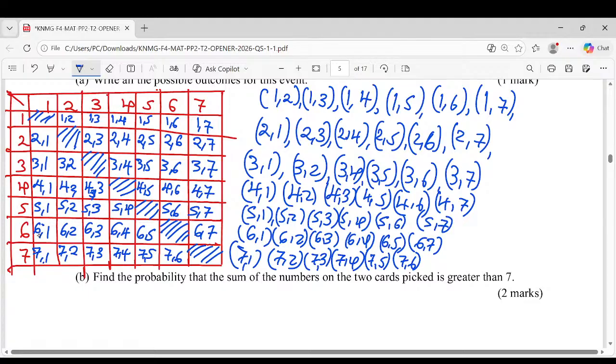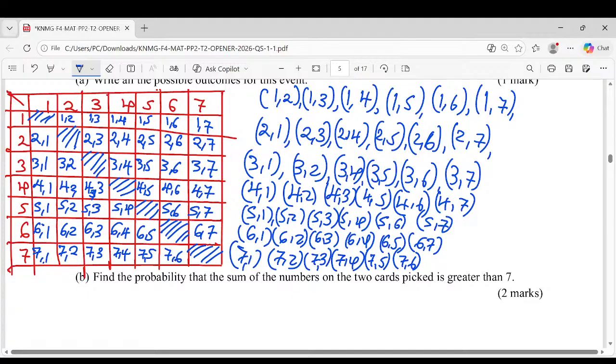There are 12. So when I take 42 minus 12, will it be 30? I'm trying to see what is happening here.